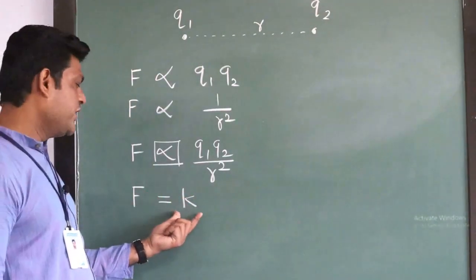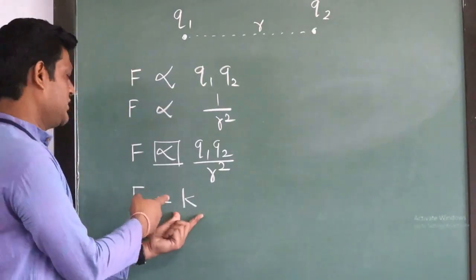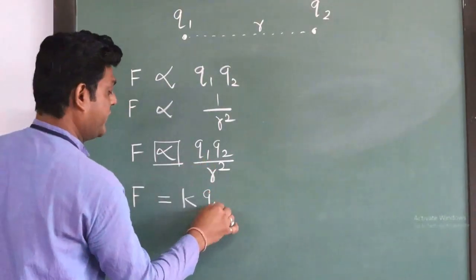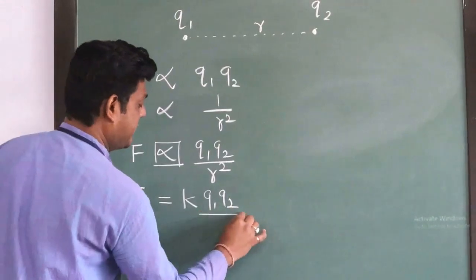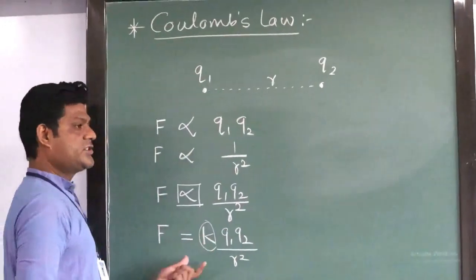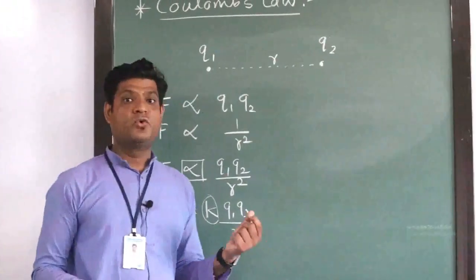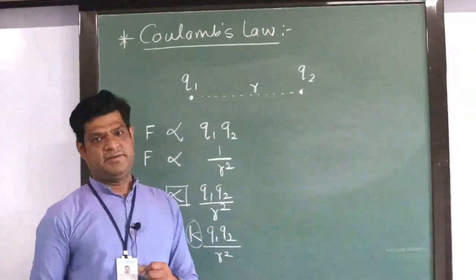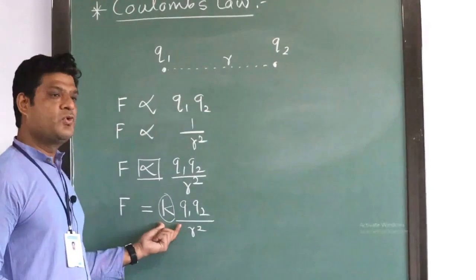So F equal to k Q1 Q2 divided by r square. What is this small k? This small k is known as the Coulombian constant.